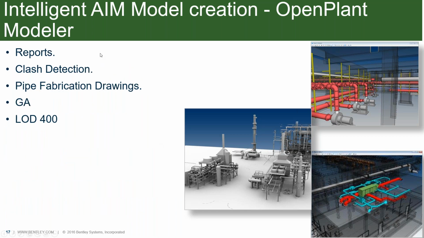Finally, you can extract the reports, I mean the bill of material, clash detection, piping fabrication drawings, isometric drawings including spool diagrams, then GAs, and what you get is LOD 400 by default. If you need 450 and so on, yes, you can customize by editing the schema, and you can achieve it, so the top level dataset information can be integrated inside the OpenPlant model.